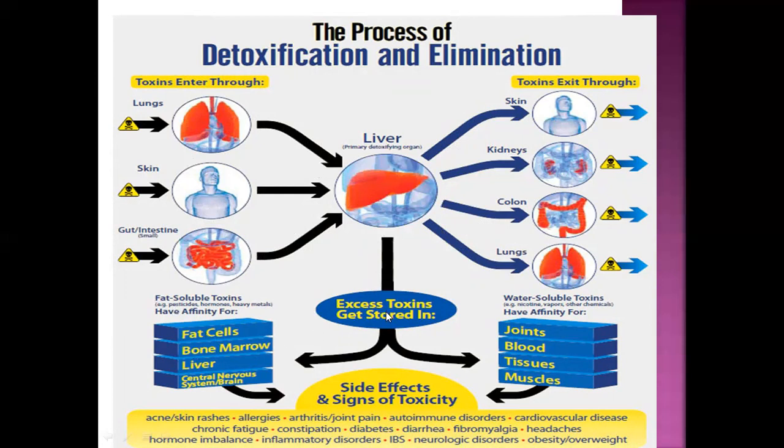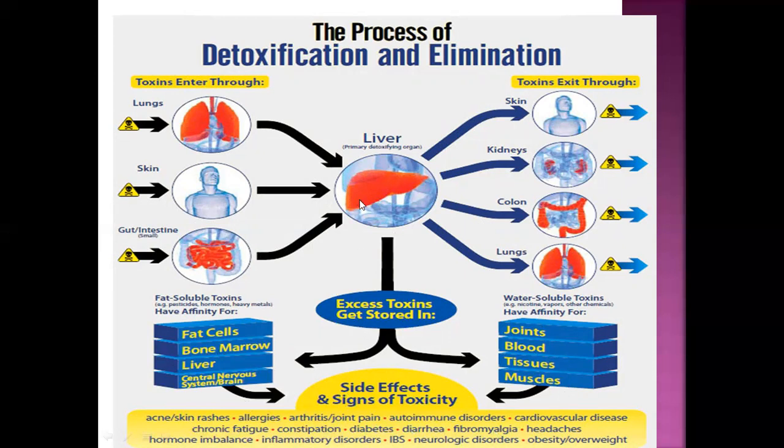So excess toxins get stored in fat cells, bone marrow, liver, central nervous system, and brain. Side effects of toxicity can be caused by liver abnormalities. Joints, blood, tissues, and muscles are also sites where toxic substances are present.